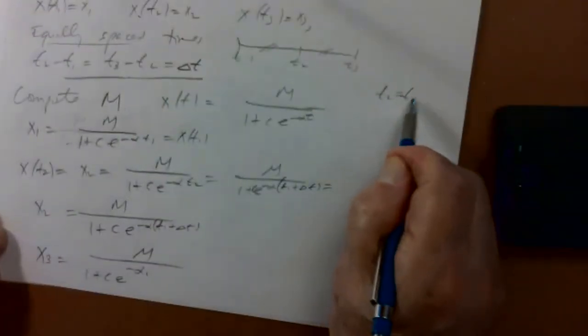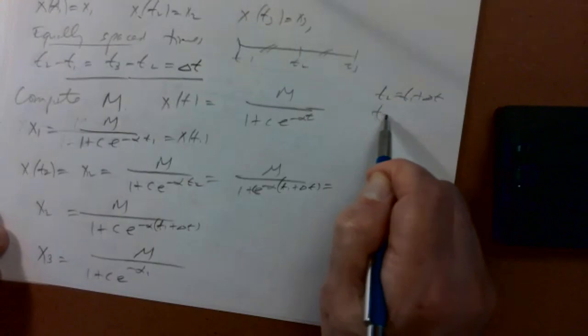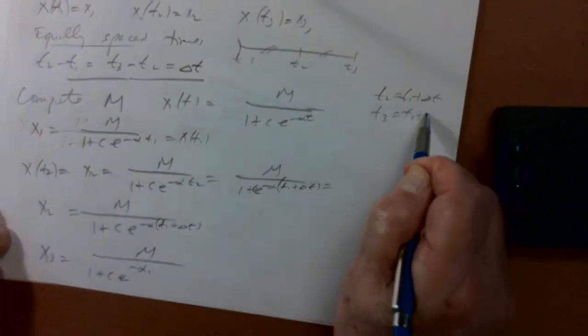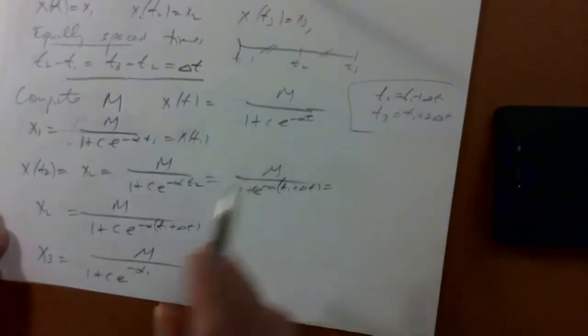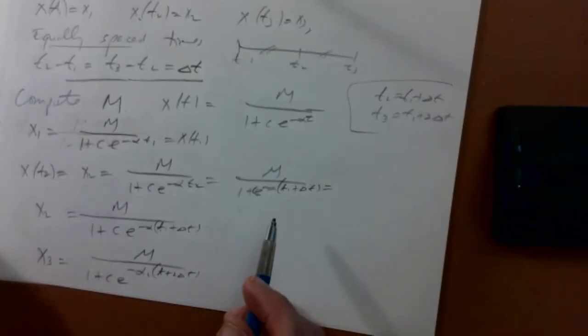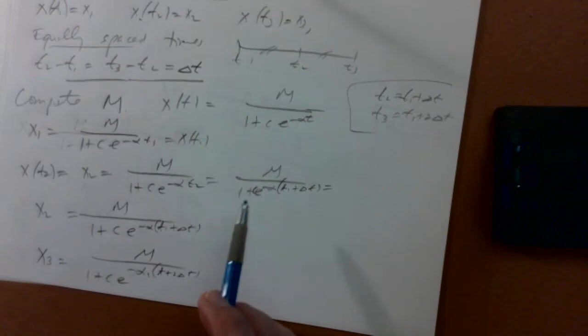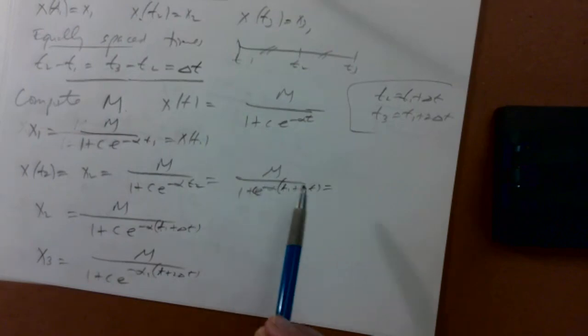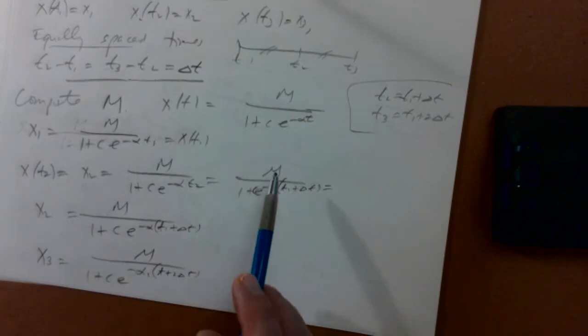T2 is T1 plus delta T. T3 is T1 plus 2 delta T. So what I want to do is to somehow solve these equations for m.